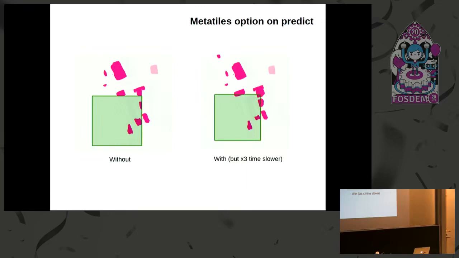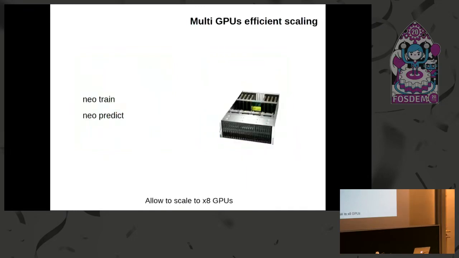So if we slow the whole process, we have to improve it some other way. So we added multi-GPU scaling to help use as many GPUs as you can get on a single host, for the training and the prediction. So you can scale it up.